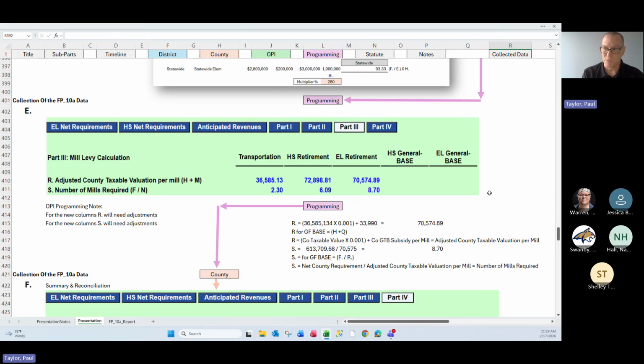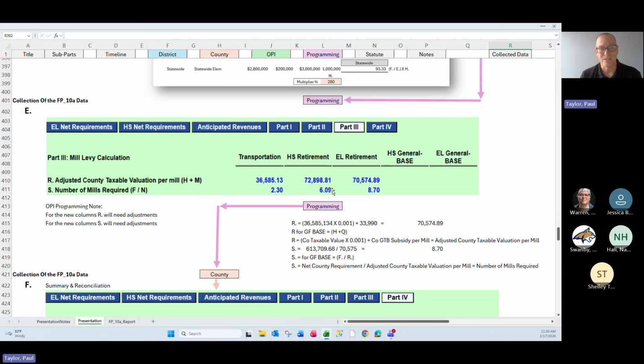And normally, if there was no GTB, what we would do is we'd figure out what the value of a mill is, and we'd figure out how many mills is required to generate enough revenue to have the revenue available for that remaining requirement. But somebody with the left brains well before me recognized that if you have GTB that the state's going to provide, that's going to lower the ending requirement and require a differing number of mills.